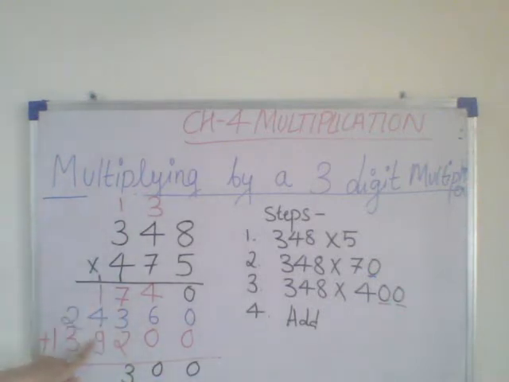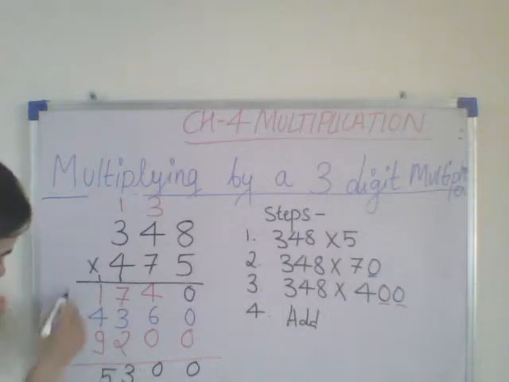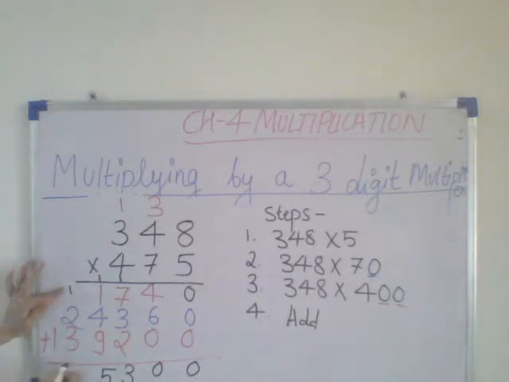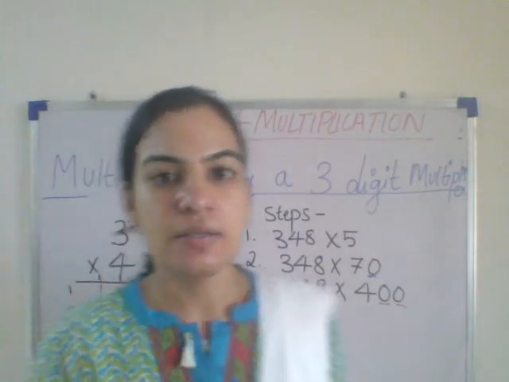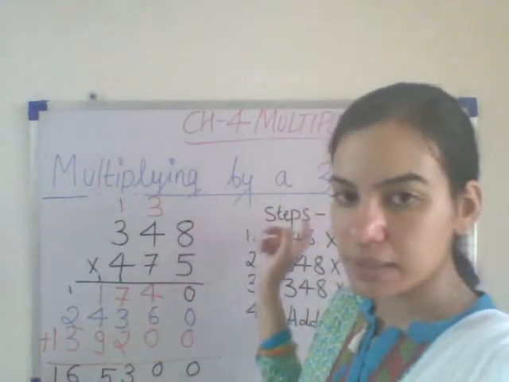So 9 plus 4 plus this 2 is equal to 15. So 5 I will be writing here, 1 moves to carry. 3 plus 2 is 5, plus 1 is 6, and here 1. So in this way we have to multiply by using a 3-digit multiplier.